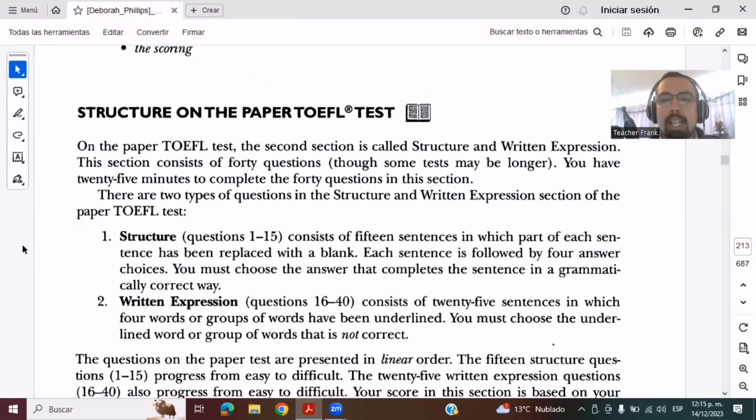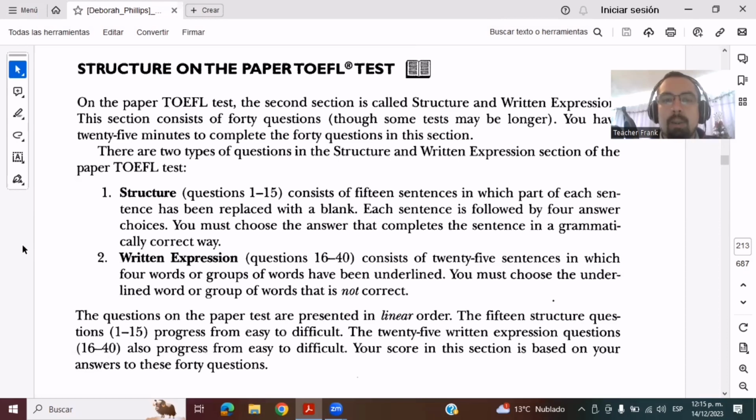So let's look at how many of these we have. Now, if you saw my last video, you will remember that I mentioned that in listening, there are 50 questions. In structure or grammar, we have 40, right? In reading, we also have 50, like listening, but grammar is a little bit different because you have less time, right?